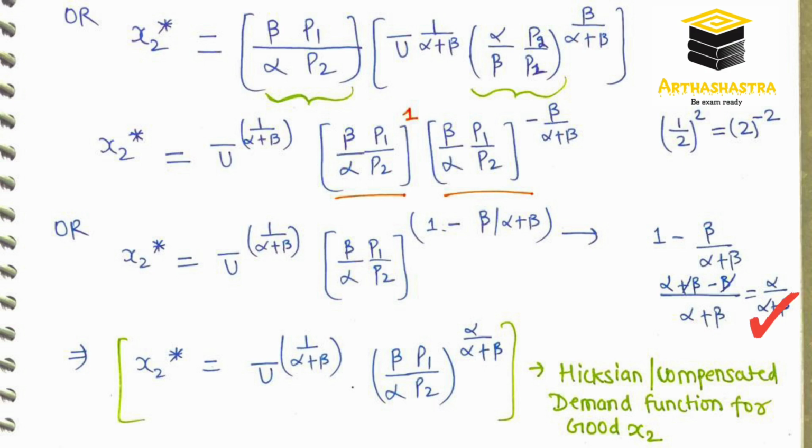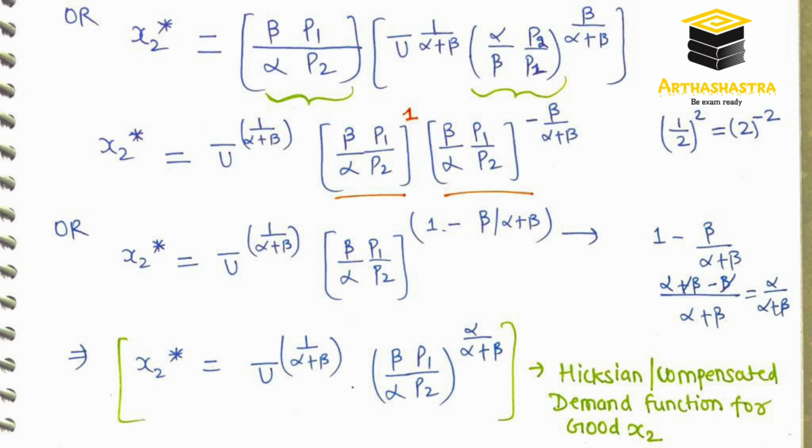So this simplifies our expression, and the final expression we get is x2 star equals u bar, whole raised to the power 1 over alpha plus beta, times the term beta times p1 over alpha times p2, whole raised to the power alpha divided by alpha plus beta. This is our Hicksian demand function for good x2.